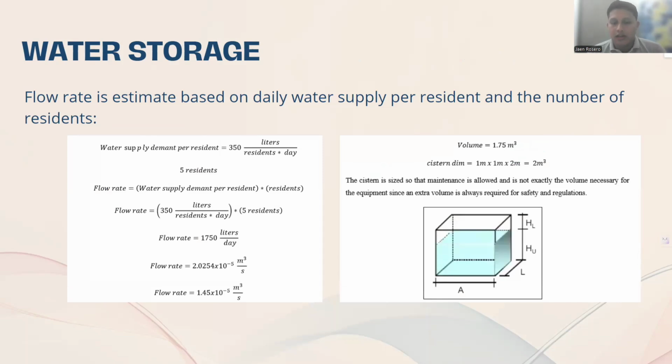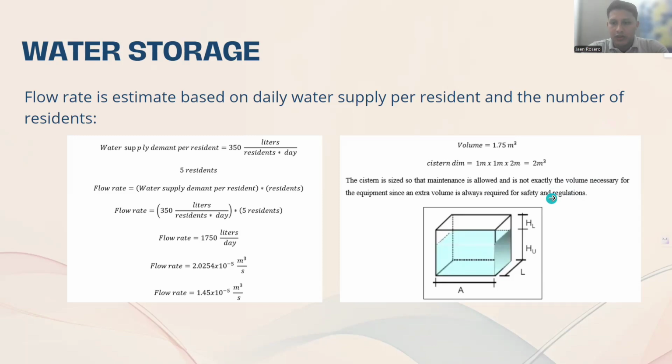The picture describes the water supply demand per resident, which is 300 liters per resident per day. With 5 residents, I have 1,500 liters per day. This is the example calculation for the water storage.